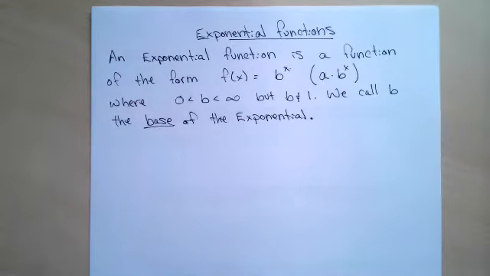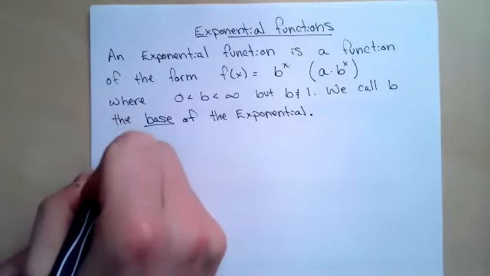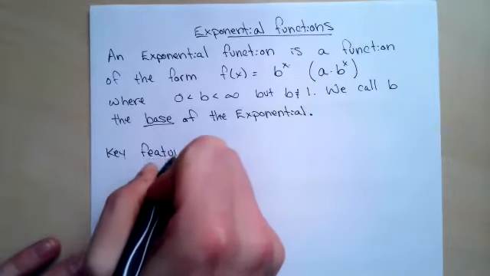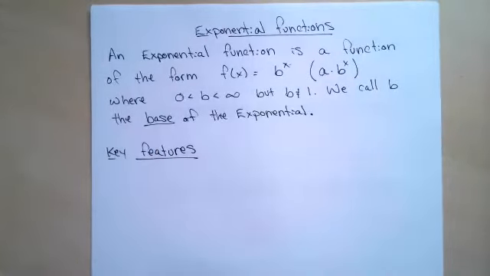So what are the key features of our exponential functions? Just like with our polynomials, rational functions, lines, we kind of want a method for graphing these. Graphing these is a way we can visualize it and then get information about the behavior of the graph.